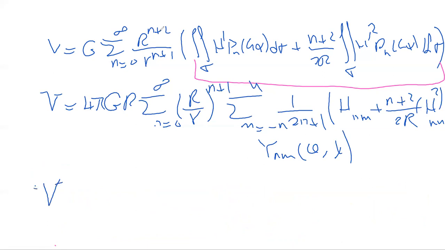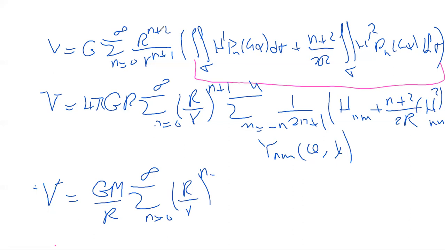The potential will be GM over r, summation from 0 of r to the n plus 1, V_nm is the external.